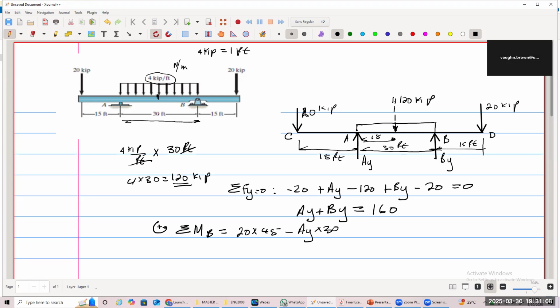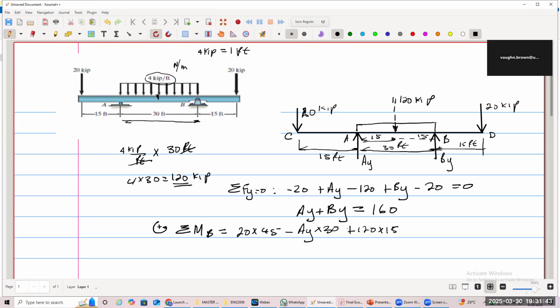But I agree with that. All right, the next one we have is the 120. Remember we converted the UDL to a point load, so it's going to be plus 120. The distance from B is 15, so therefore it's positive also. It's going in the anti-clockwise direction, which is positive. So that's 15.